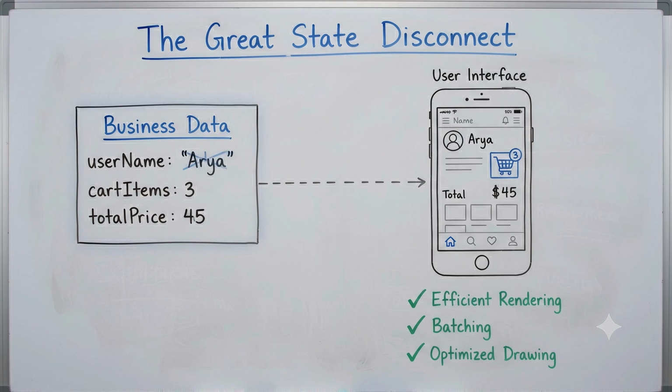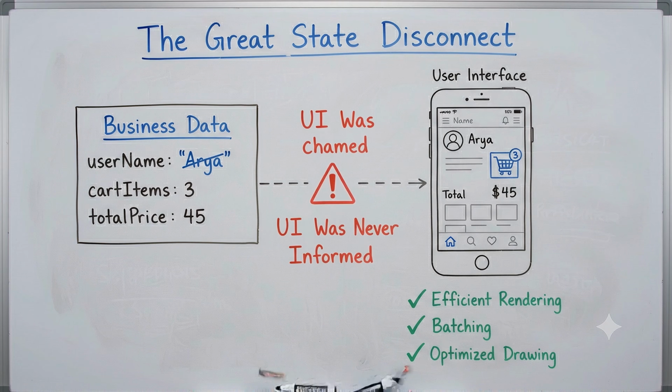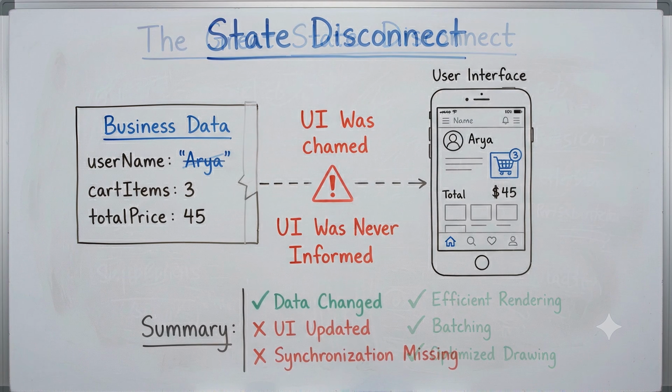As Android applications evolved from single screens to large data-driven applications with multiple UI components, a fundamental limitation of the imperative approach became increasingly apparent. So let me ask you a simple but very important question. What happens if your application's business data changes but you never tell the UI about the change? The answer is nothing.